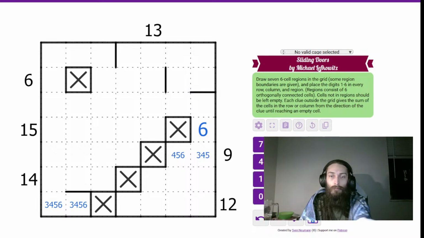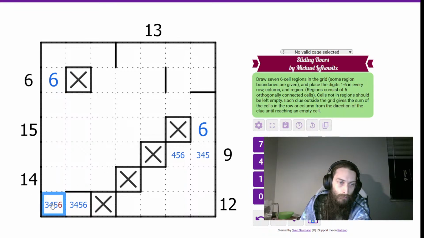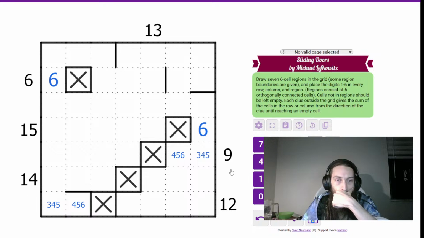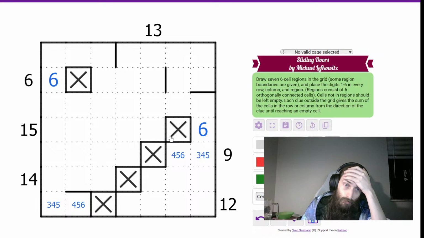That's a 6 in row 2. So now one of those two and one of those two, right? So now the circles are the possible empties.